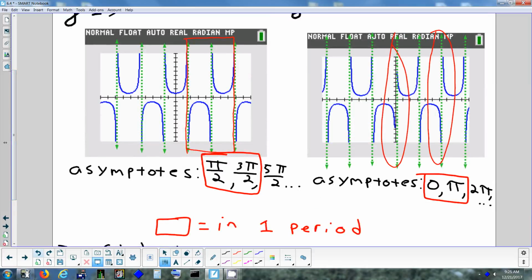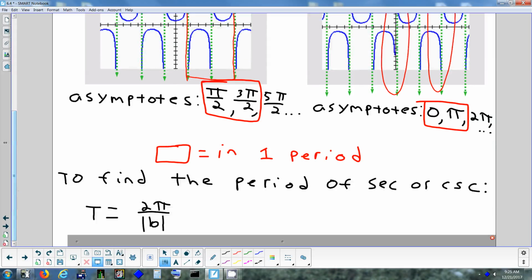The first asymptote reoccurs every 2 pi, and the second asymptote reoccurs every 2 pi. So technically, you could say there's an asymptote every pi. Actually, there's asymptotes every pi units, but they're different. 2 different asymptotes. So period, same formula as you use for sine and cosine.